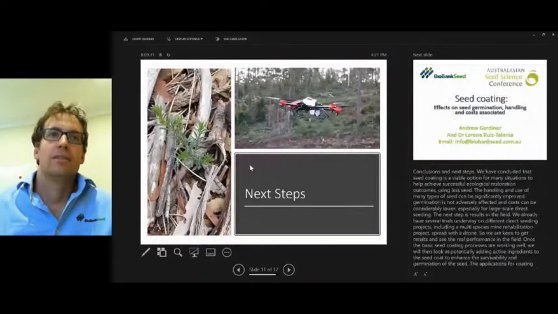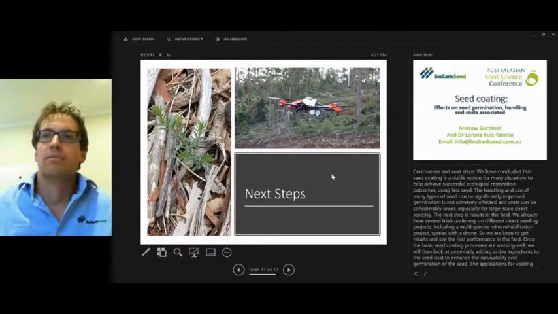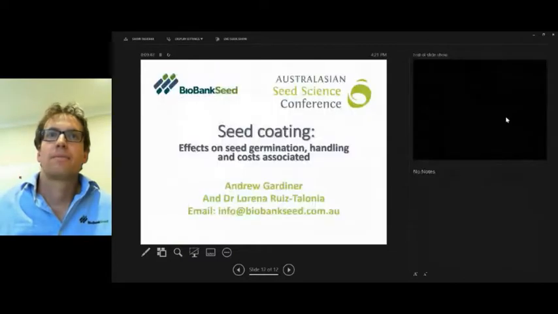And the next steps are looking at actual field results. So we've got a couple of trials ongoing now, so we want to see how the performance is out in the field. Then we can take it further by adding active ingredients to our coating and doing any number of things. So thank you for that, and I'll hand over to the next speaker.